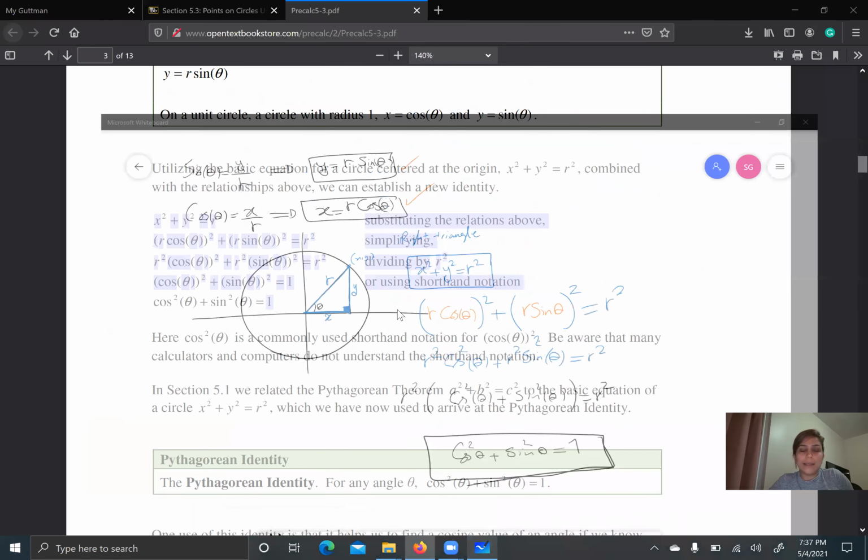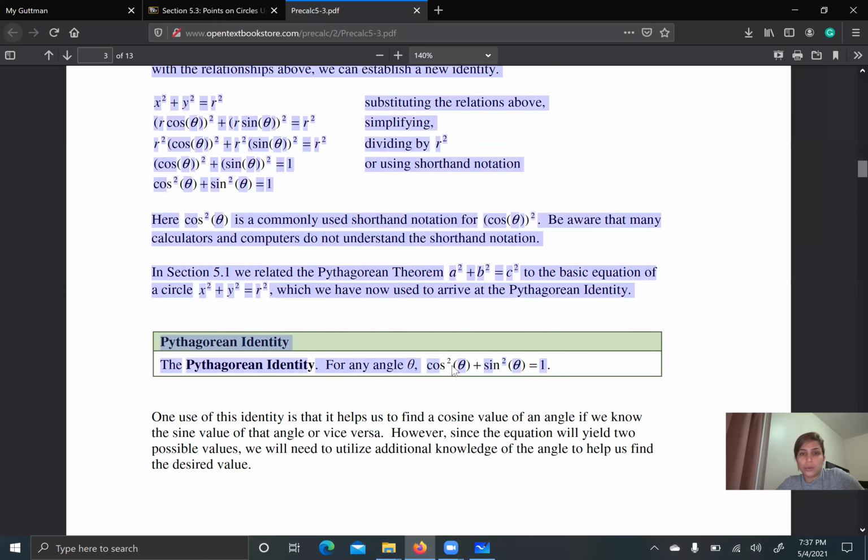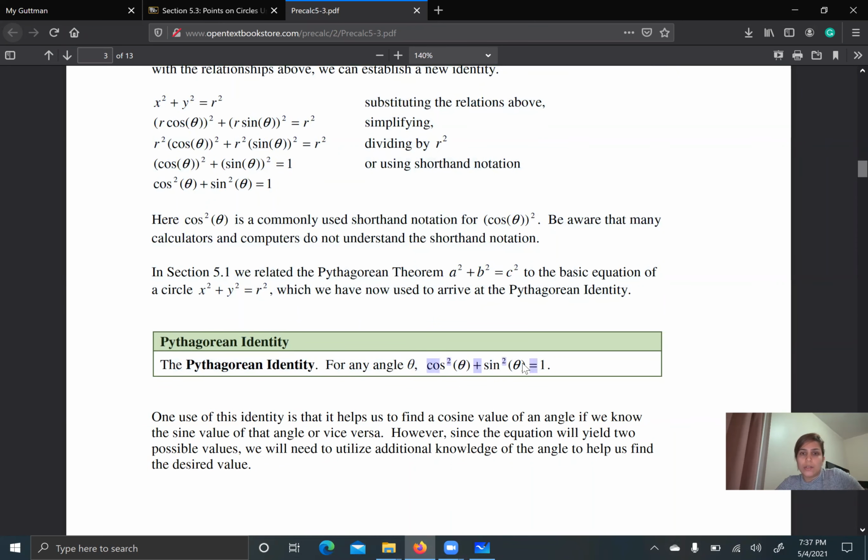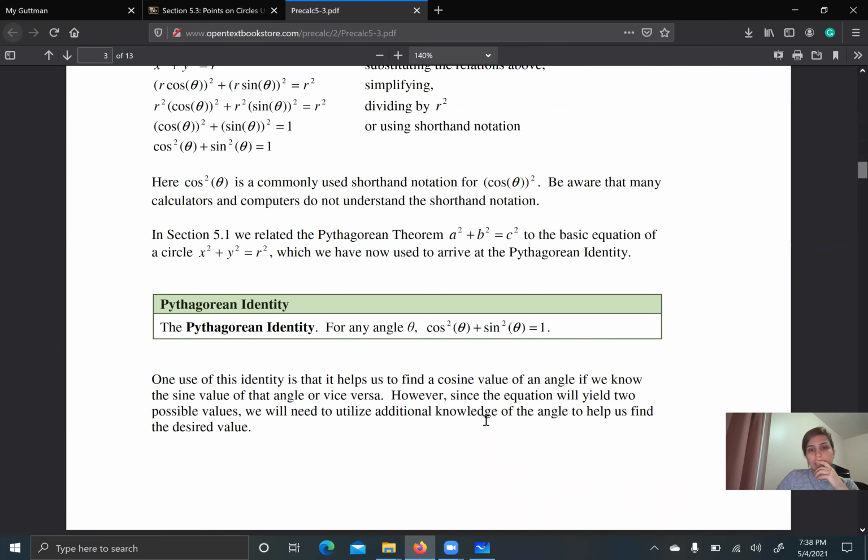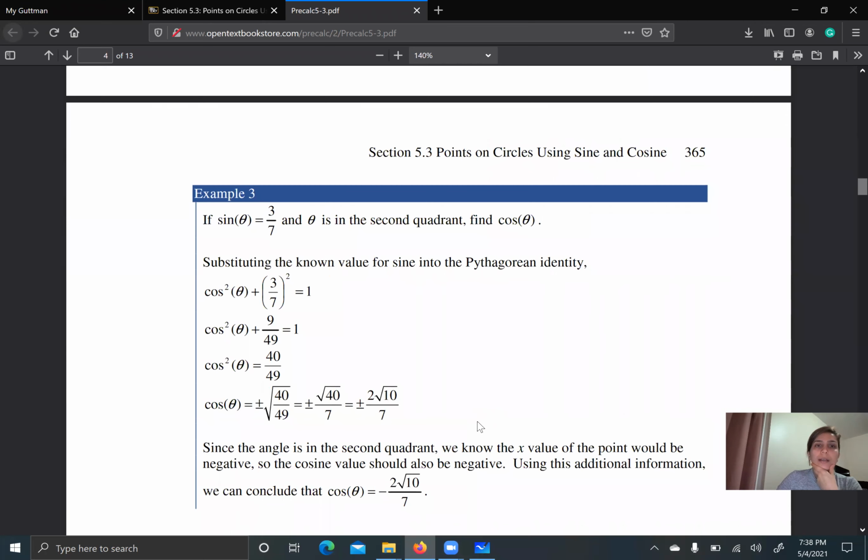But in reality, what you need is to use this equation. You need to remember that always the sum of squares of sine and cosine is equal to 1. It's called the Pythagorean identity. This is the fundamental trig identity that you need to remember and use.